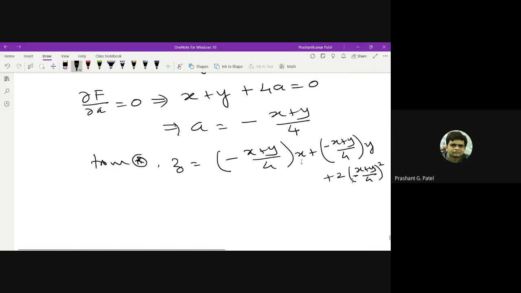So what is this? If I take the common factor out, minus sign, (x + y)/4 is common from these two. We're left with x + y. Here it will be plus 2/16 (x + y)².